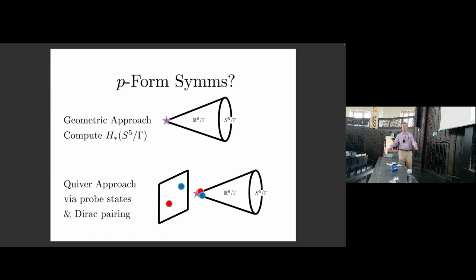From that quiver gauge theory, one can extract the corresponding Dirac pairing between electric and magnetic states, and that turns out to be good enough to calculate, for example, the higher form electric and magnetic one-form symmetries. So these are two complementary approaches that have been extensively checked in the supersymmetric setting to yield the same result. Let's see what happens in our case.